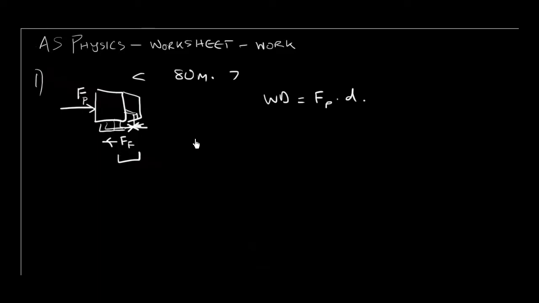So that means that the work done by the friction is going to be exactly the same as the work done by the push, except if you look at the direction of the force, it's opposite to the direction of motion, right? The direction of motion is that way, and the direction of the force is to the left.